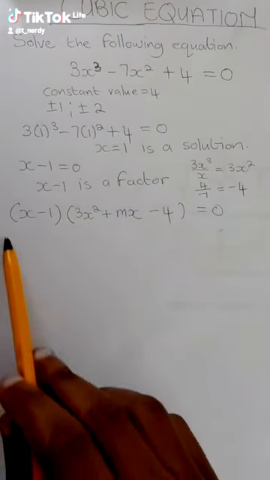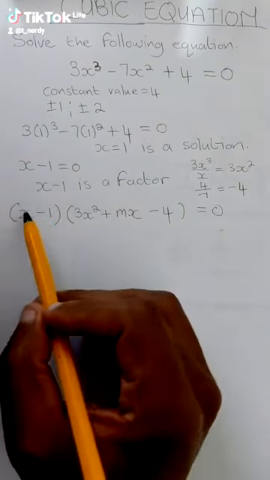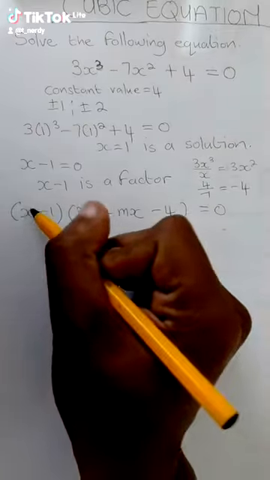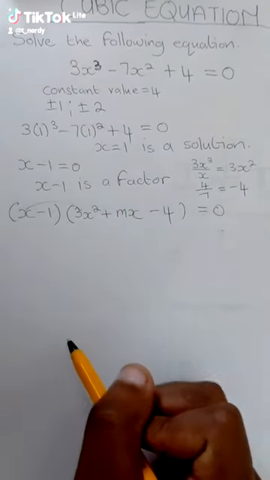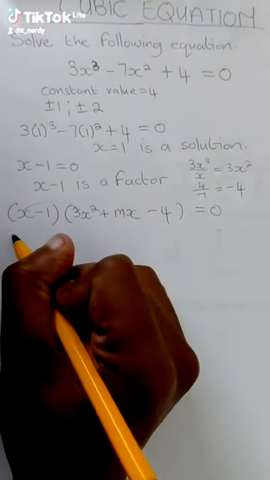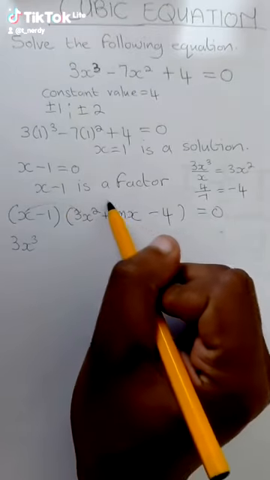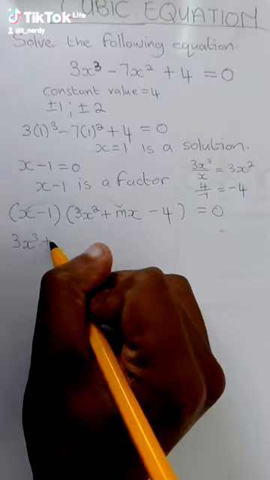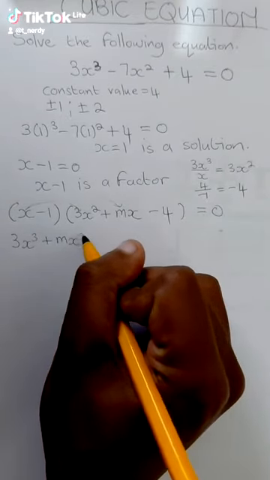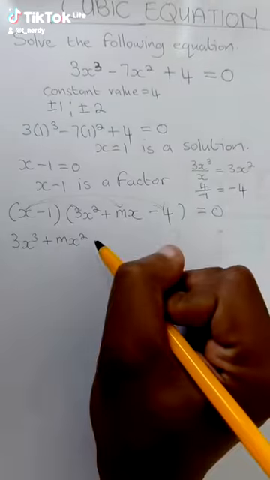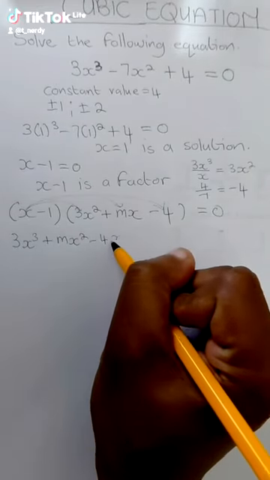And then once we have this equation here, we can then multiply the terms in order for us to determine the value of m. So we're going to say x multiplied by 3x squared, that is going to be 3x cubed. Then x multiplied by mx, that is going to be mx squared. Then x multiplied by negative 4, that is going to be minus 4x.